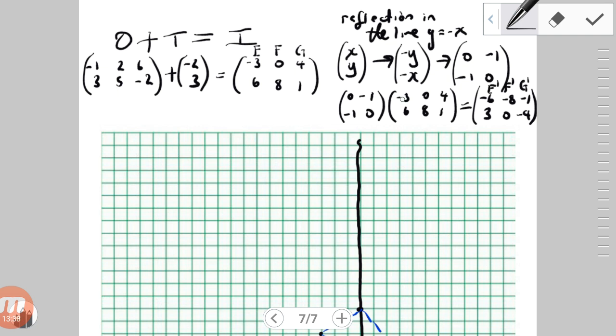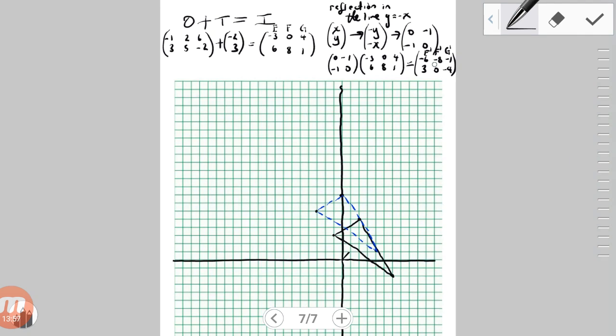Now I haven't taught my students how to do the row by column, but they would have already known, and hopefully you now know that once you reflect an object across the line y equal negative x, there's an interchange in the coordinate values and a change in the sign.